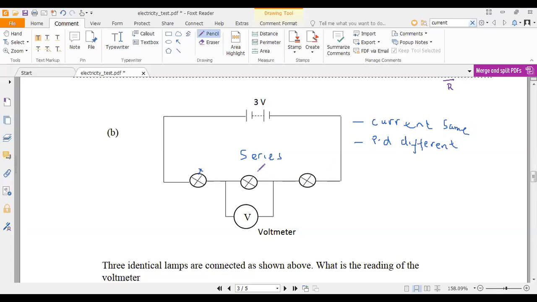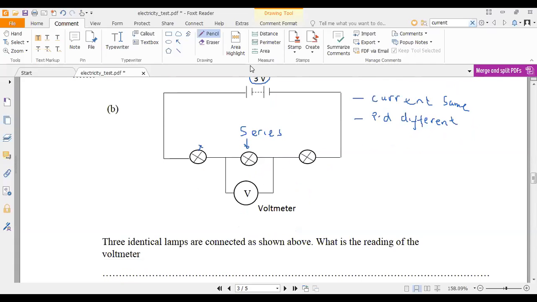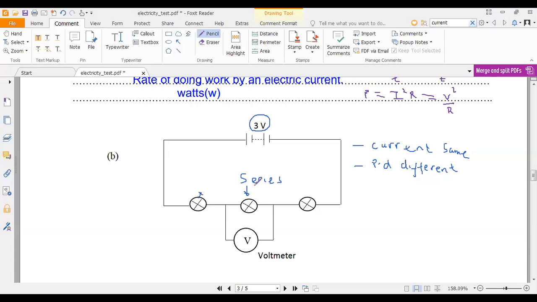Since they are identical, this voltmeter, because it is connected across this lamp here, only measures the potential difference across this lamp. Since all these 3 are identical, they will share the 3 volts which are supplied equally. So these 3 volts will divide itself equally among these 3 bulbs.